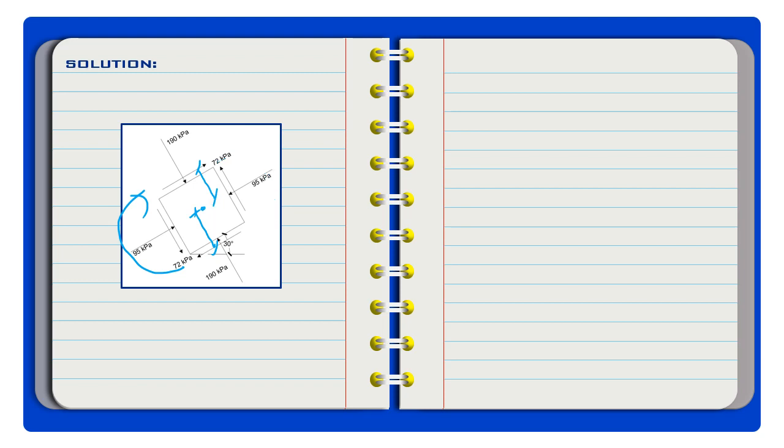So, let's use that reference point again in determining the direction of the shear stress on the other side, for this one and this one. As we can see, when we use that reference point for the stress on the left side, it will rotate counterclockwise.